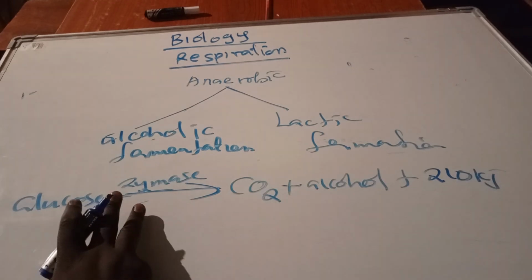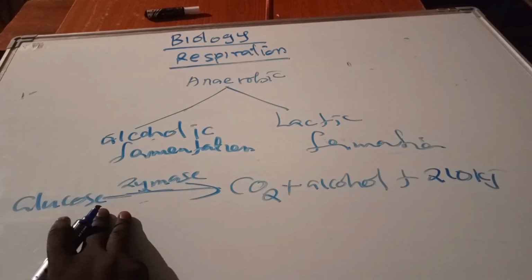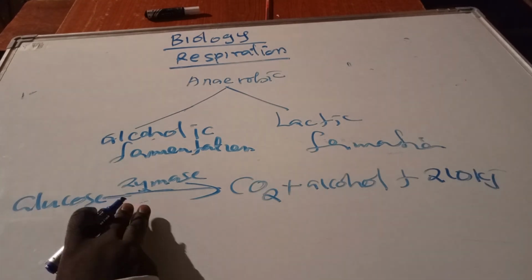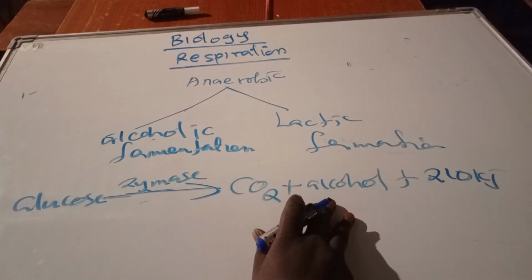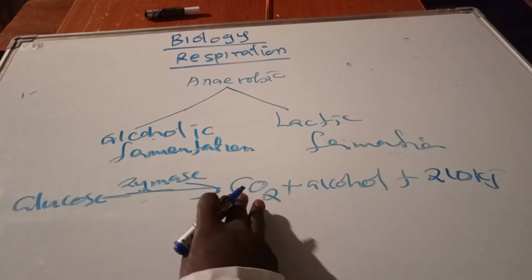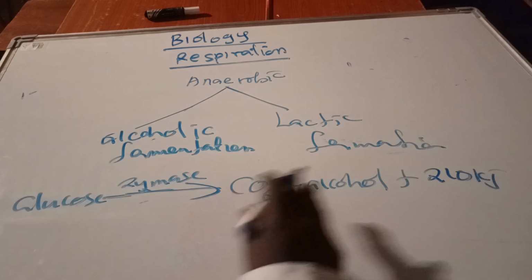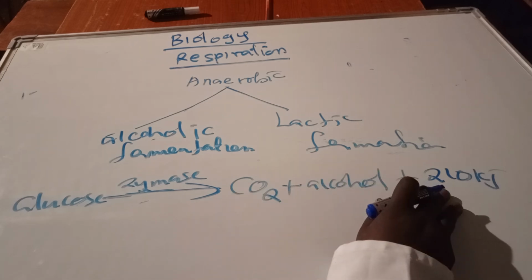So which means alcoholic fermentation is the release of energy in the absence of oxygen to form alcohol. Apart from alcohol, carbon dioxide is also produced, and also some amount of energy, which is about 210 kilojoules.